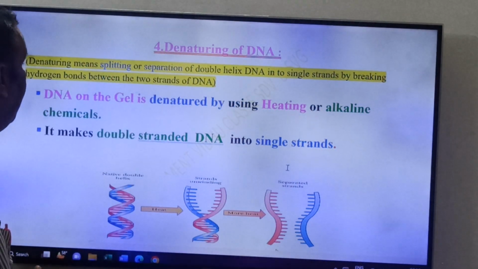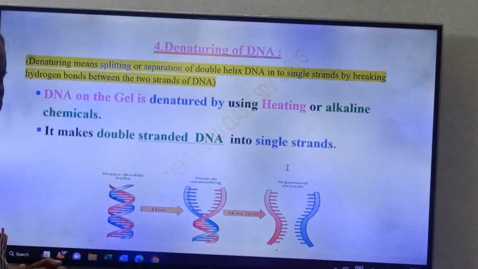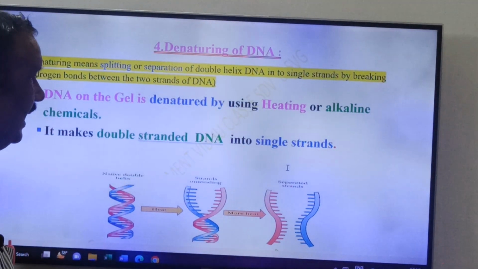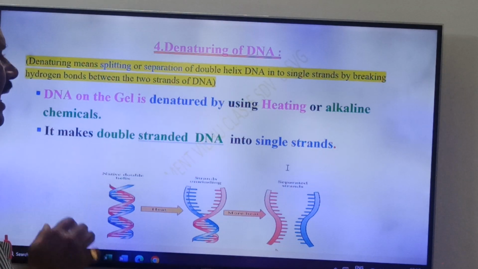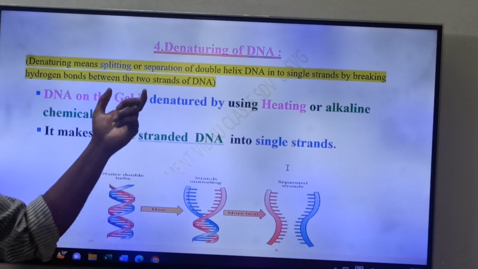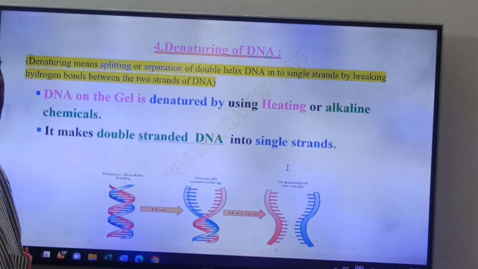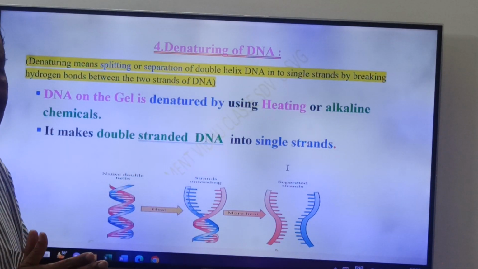See friends, denaturing means splitting or separation of double helix DNA into a single strand by breaking hydrogen bonds between the two strands of DNA. You know, friends, nitrogen bases are bound together by hydrogen bonds.